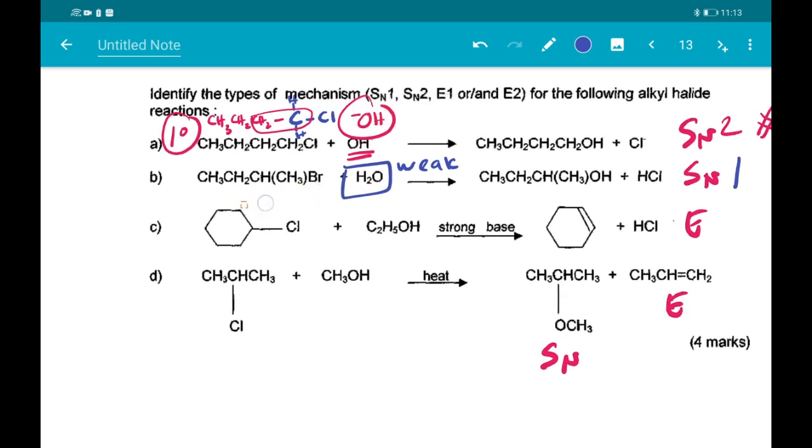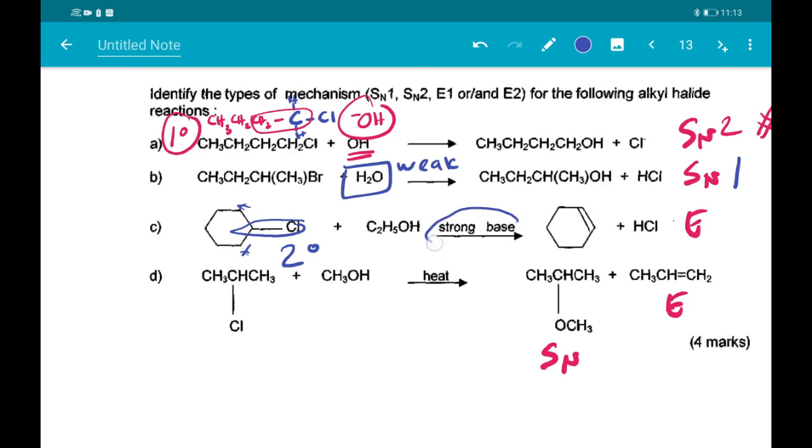Alright, for the next example, C. Here is the CX and it is attached to 2 carbons, therefore this is a secondary. Just like in B, a secondary alkyl halide can undergo any mechanism. It can be SN2, SN1, E2 or E1. So let's check whether we are using a strong base or a weak base.